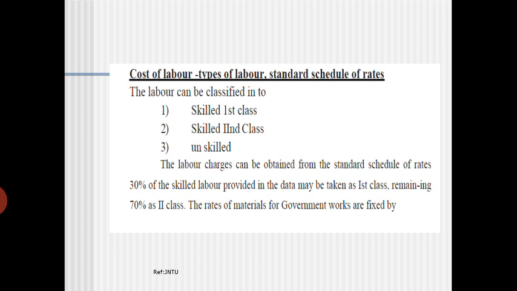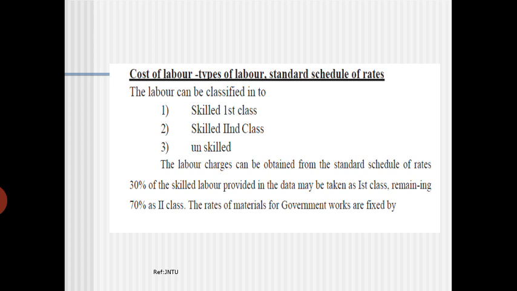So the labors can be classified into mainly three types. First one is skilled first class, second one is skilled second class, the third one is unskilled. Normally the labor charges can be obtained from the standard scheduled rates, with 30% of the skilled labor.